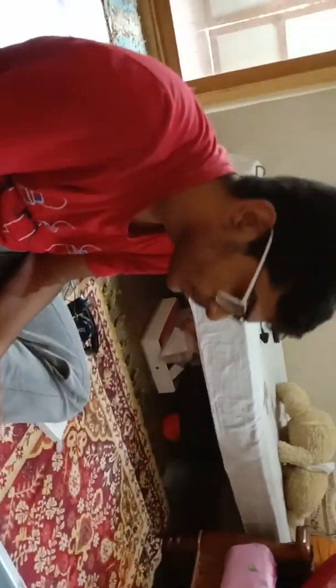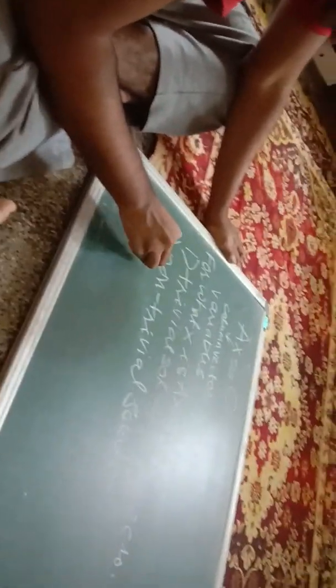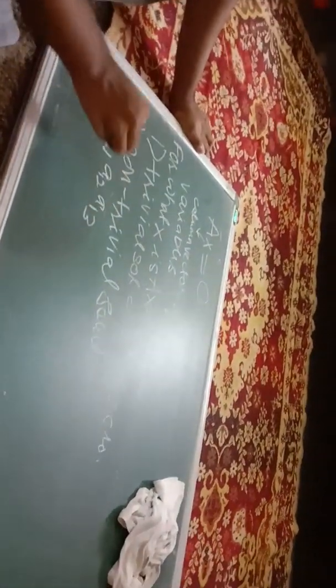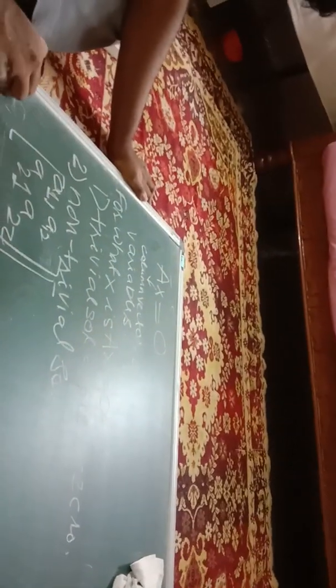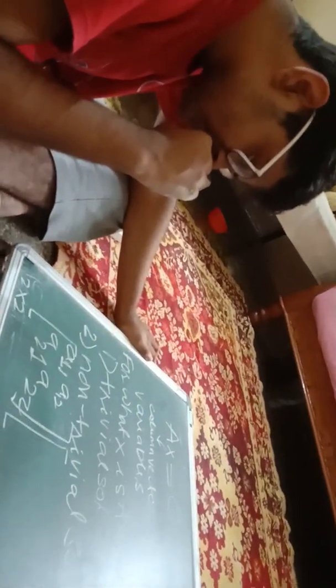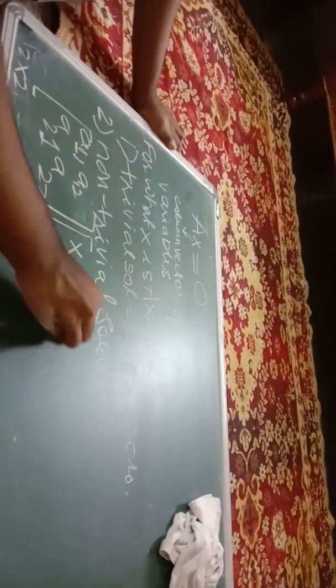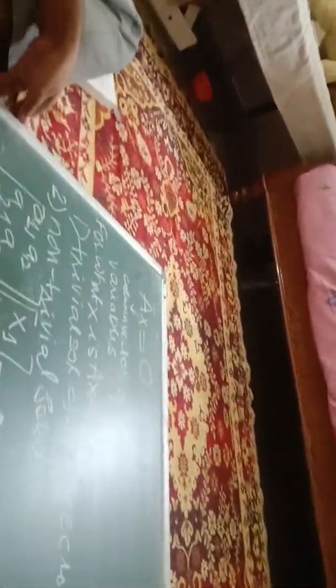Let's take an arbitrary 2 by 2 matrix, A11, A12, A21, A22, multiplied by x1, x2, equal to 0. So how can we write that?